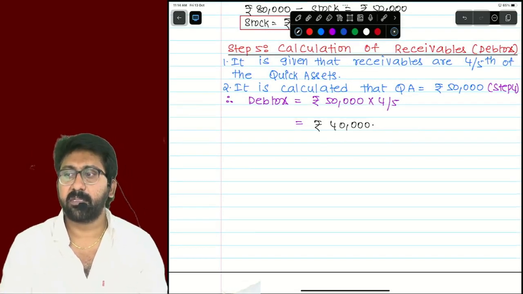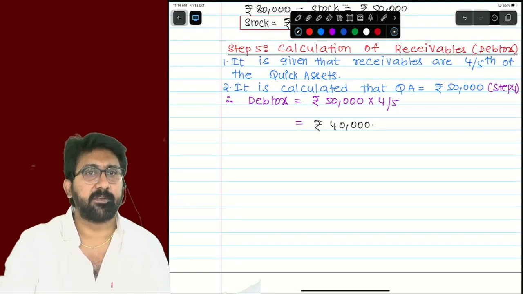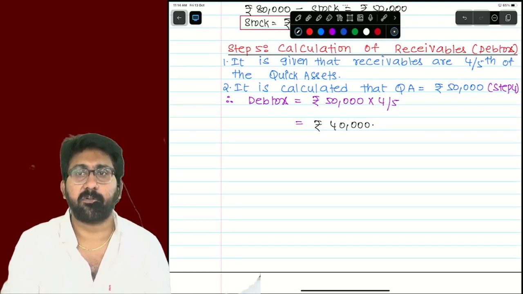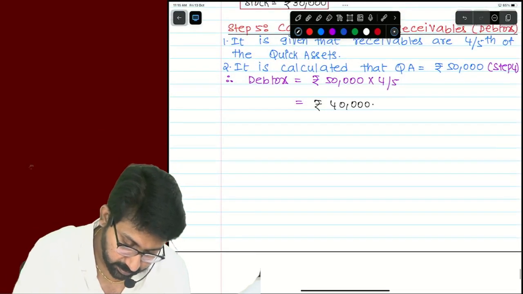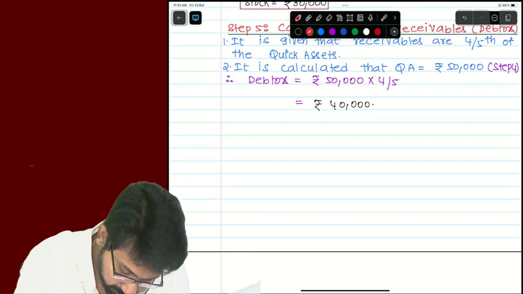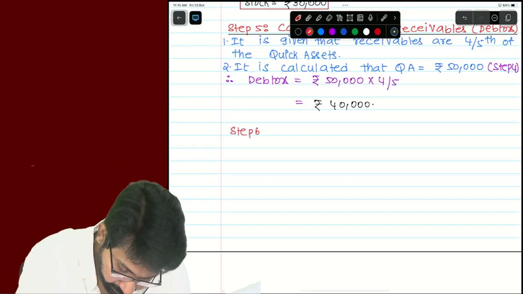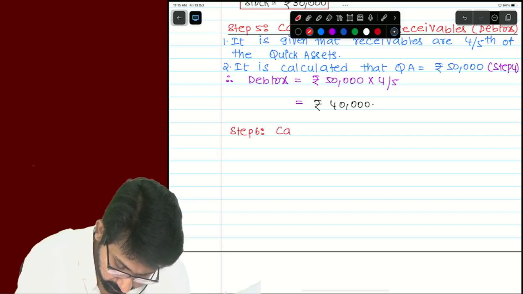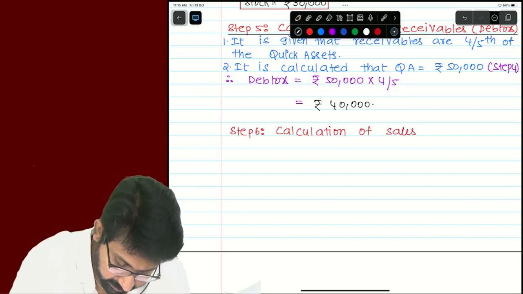Using the debtors and debtors velocity given in the question, we can calculate the value of the sales. Right now, step 6. Calculation of sales.